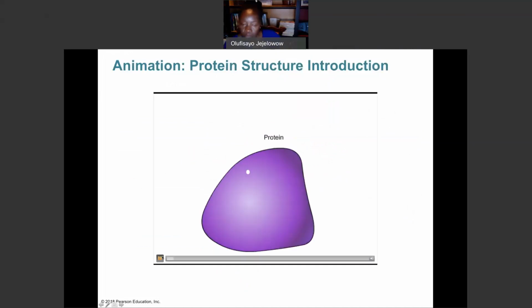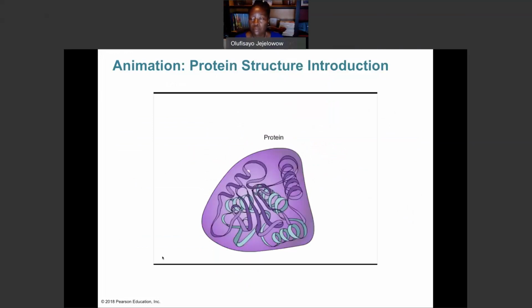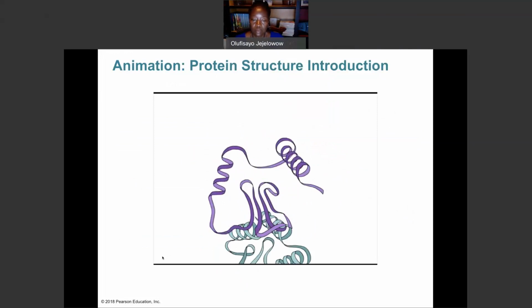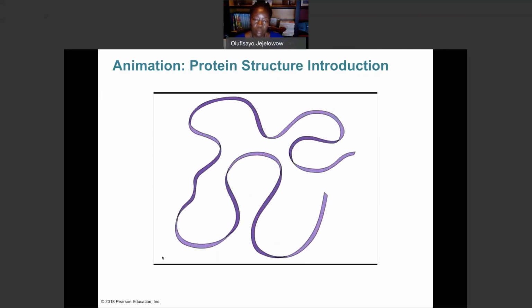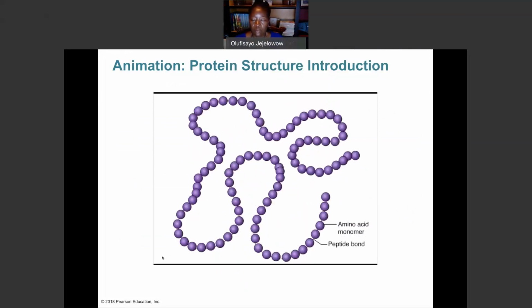Most proteins are folded into a complex globular shape. Each protein molecule consists of 1 or more chains of amino acid monomers. The amino acids are linked by peptide bonds, so a protein polymer is often called a polypeptide. Because they are so complicated, proteins are usually described in terms of 4 levels of structure.